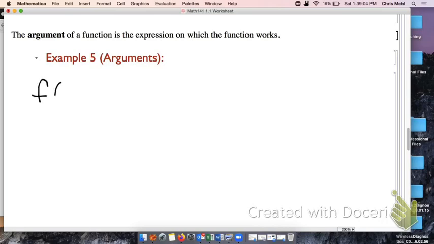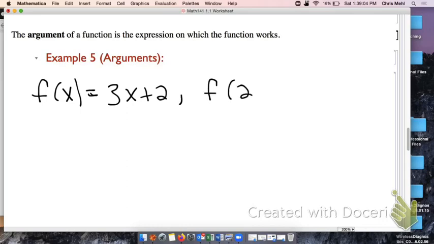Let me actually write down an equation. f of x equals, even if I do something like, 3x plus 2. Just a quick example of what this means.